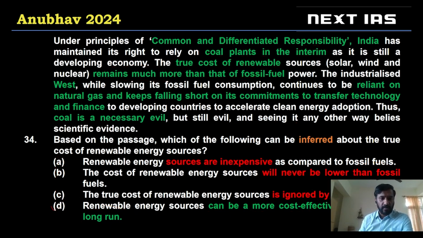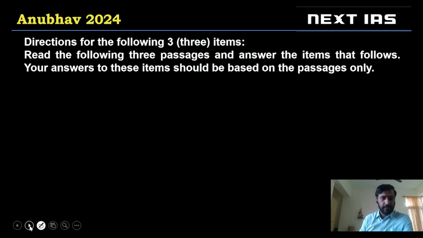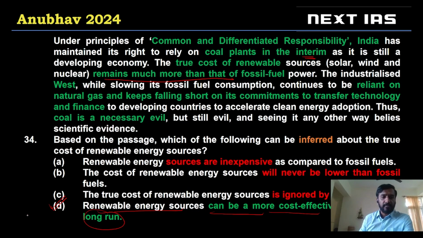D is a valid inference. We are using two facts in the passage, remains much more than fossil fuel and interim, to say that renewable energy sources can be more cost effective in the long run. All right. This was a slightly difficult question only because of option D. These are actually easier to eliminate.